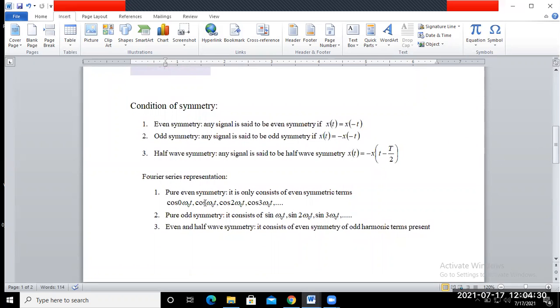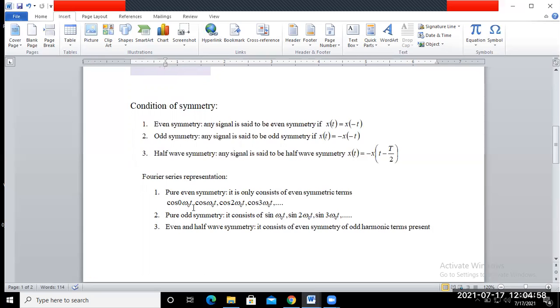If any waveform follows the pure even symmetry only, then you conclude that the coefficient Bn is 0, and A0 and An are present, that means the constant term and cosine terms are present.